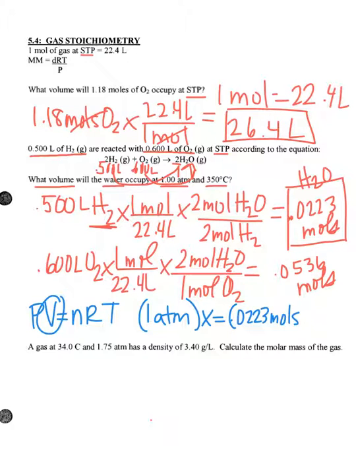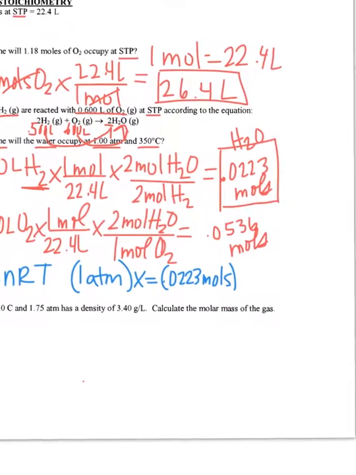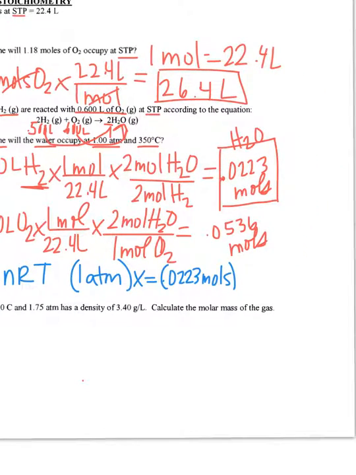R is the universal gas constant. Let me slide this over. R is, I rounded it, 0.0821. Temperature, add 273 to that, so then it ends up being 623 Kelvin.